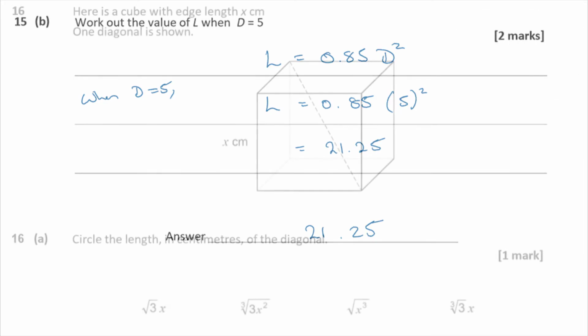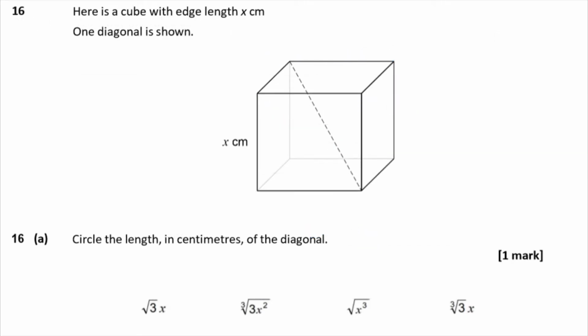21.25. Question 16. Here is a cube with edge length x centimeters. One diagonal is shown. Part A says circle the length in centimeters of the diagonal. Now, diagonals in cubes or cuboids come up often enough for you to remember the formula for it.